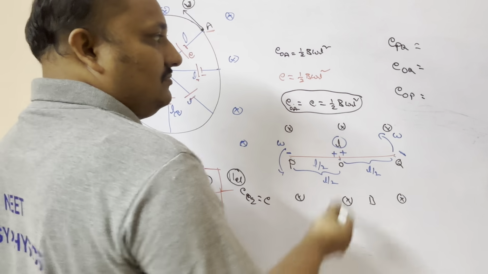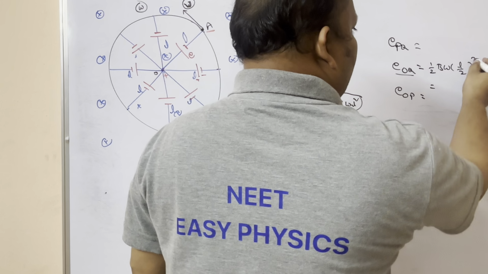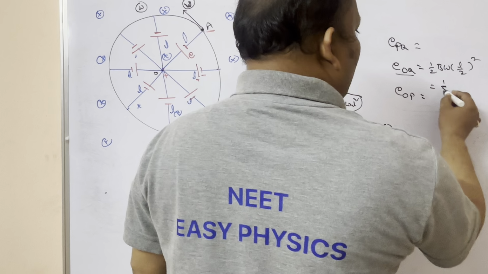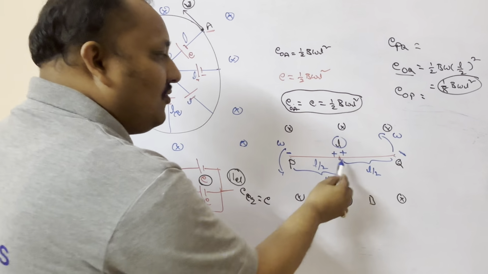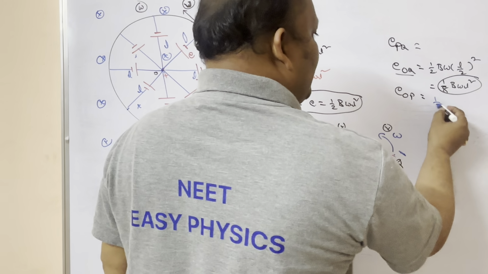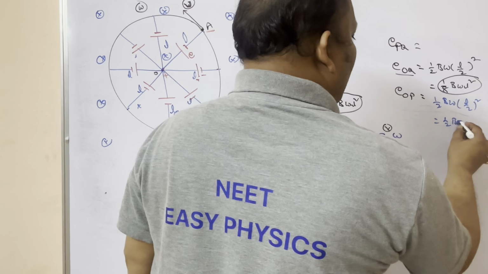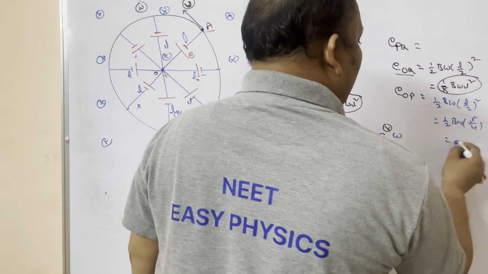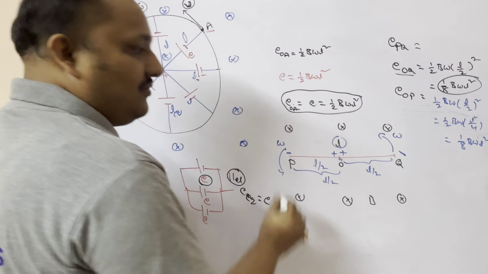Half of B omega into the length of OQ, which is L by 2, whole square. 2 square means 4, 4 into 2 is 8. So 1 by 8 B omega L square. Next, O to P is also the same: half of B omega L by 2 whole square, which is B omega L square by 8, between O and P also.